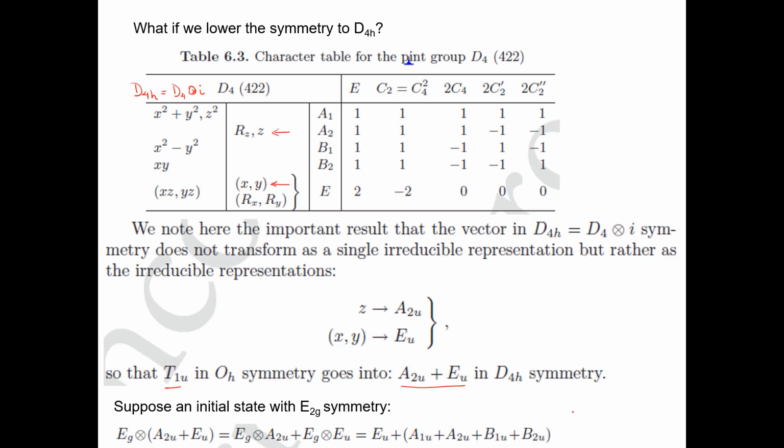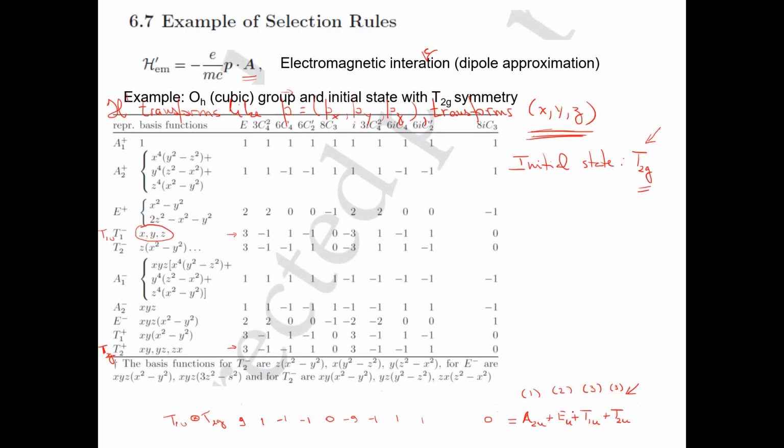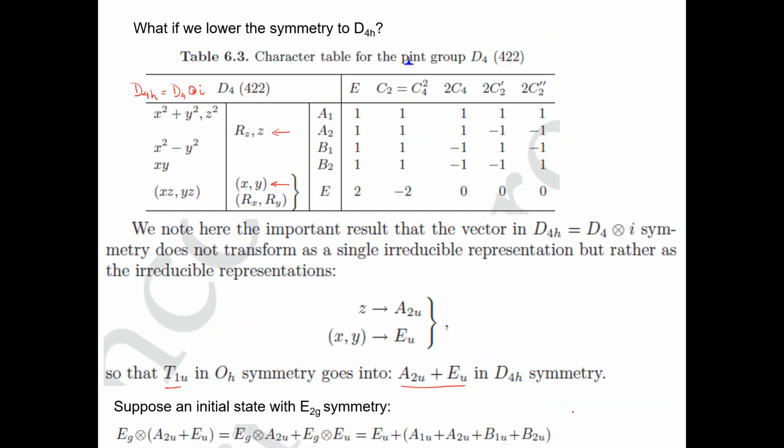So before, in the Oh group, we had only 4 possible symmetries for the final states, and now we have 5 possible symmetries. This is a general remark. Whenever you reduce the symmetry, the number of possible non-zero matrix elements increases, okay, for optical transitions.